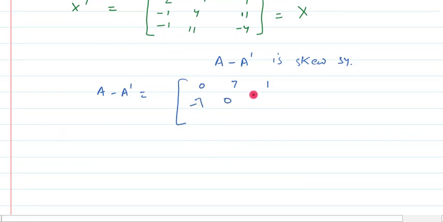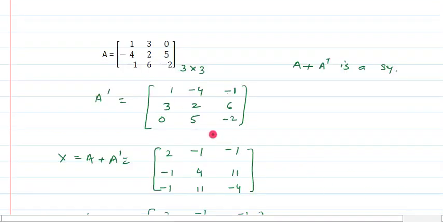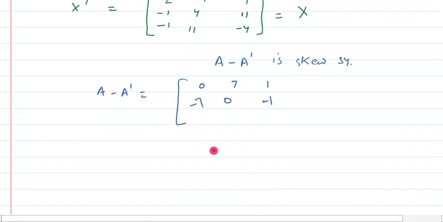And for the third row, let us go up again. It is minus 1, plus 1 and 0. Let us name it as B matrix.